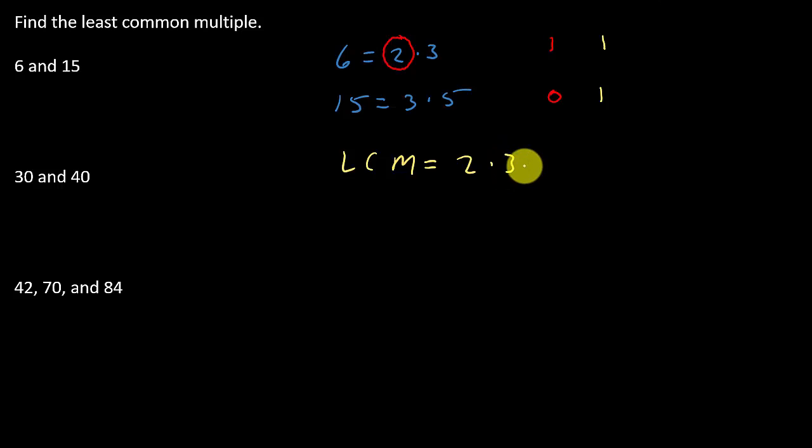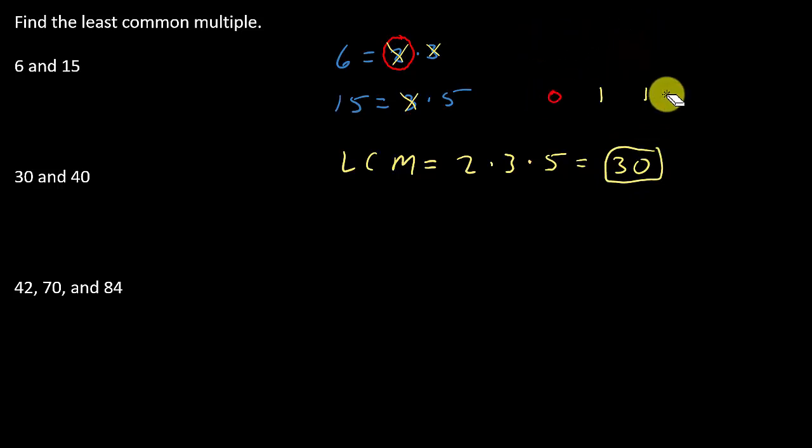We've taken care of the 2 and the 3. Now let's look at the next different factor, the 5. Here it appears 1 time, and up here the 5 appears 0 times. The most it appears in one of them is 1 time, so we use it once. And so this is 2 times 3 is 6. 6 times 5 is 30. And there's your least common multiple.